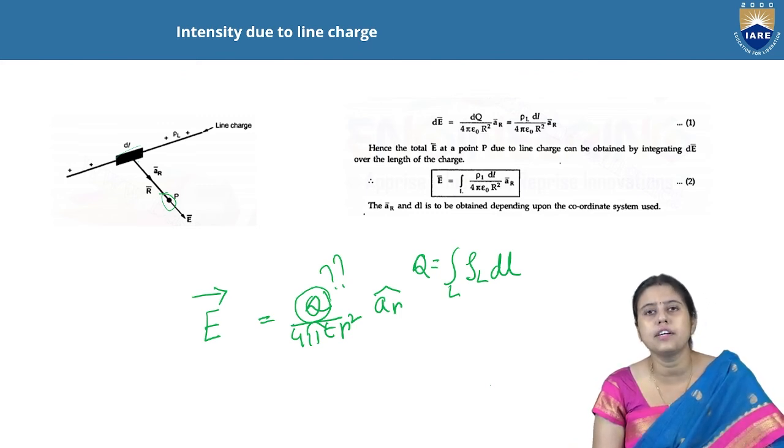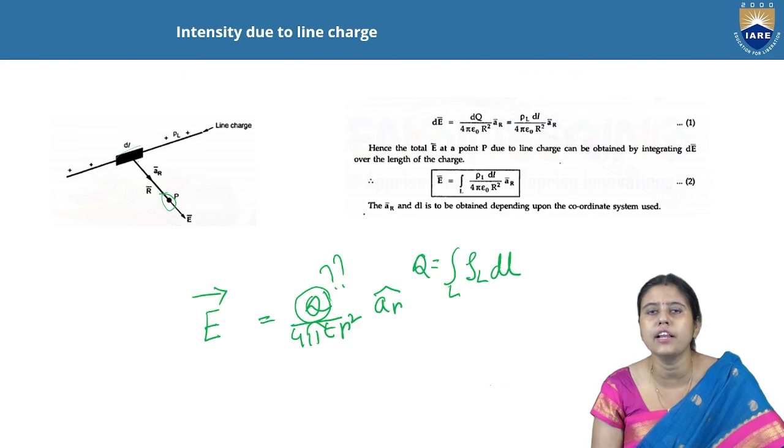Then we have discussed about the field intensity. What is field intensity? The work done to bring one unit charge from infinity to an electric field. And what is the equation? E equals Q by 4 pi epsilon r square. What is epsilon?